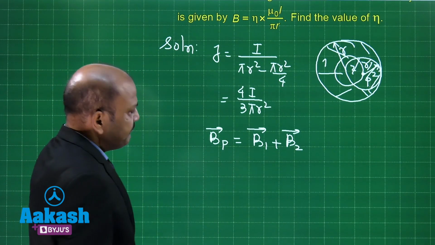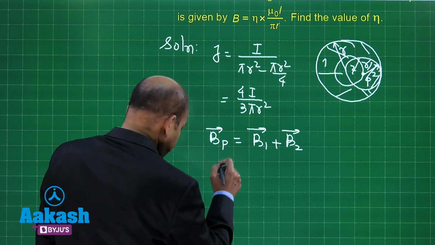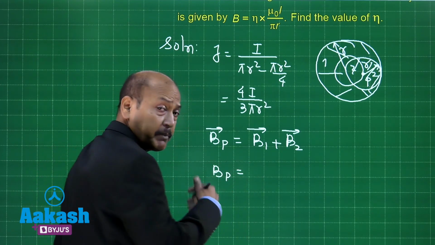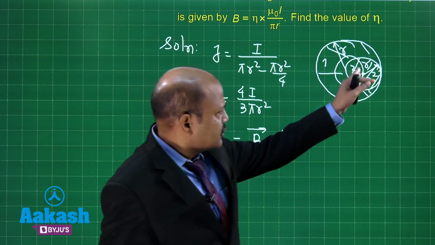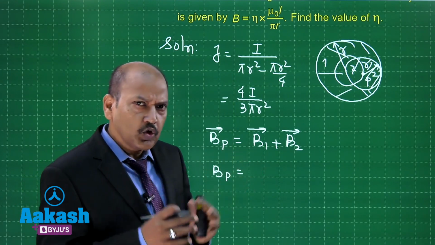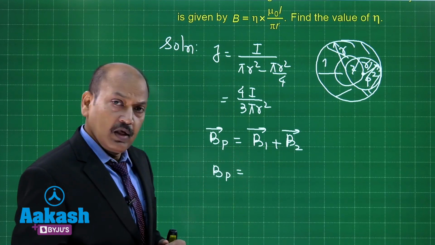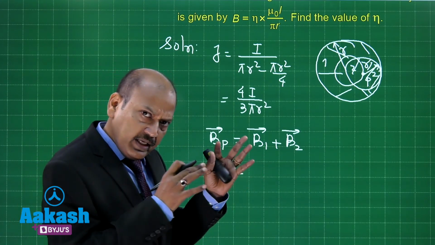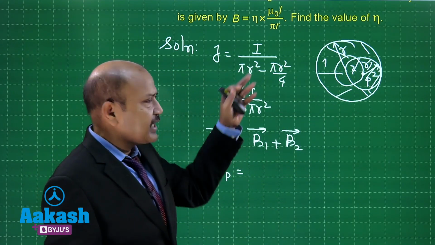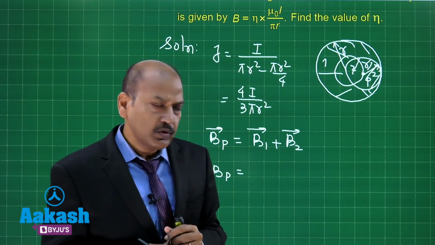So, what is BP? Well, BP can be found quite easily applying Ampere's circuital law. The total current enclosed in the Amperian loop, which is a circular loop of radius r by 2, we can find: the area becomes pi r square by 4 and multiplied by the current density, that is the current enclosed. Okay.